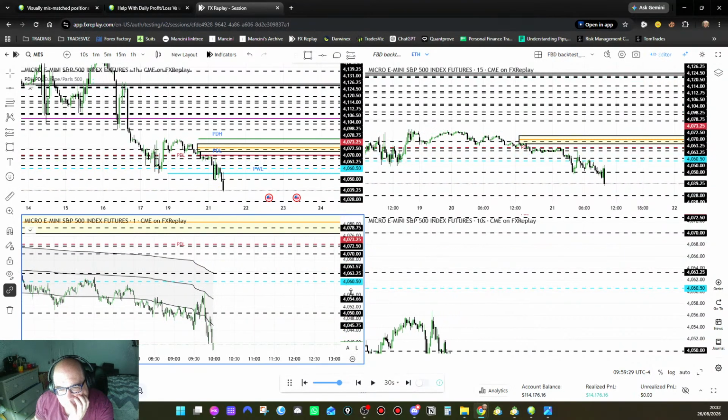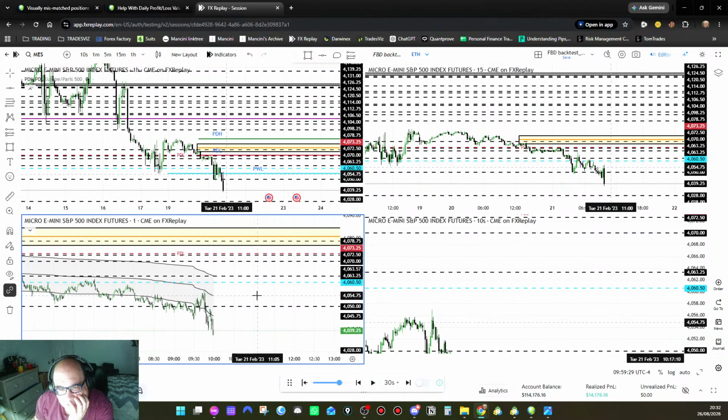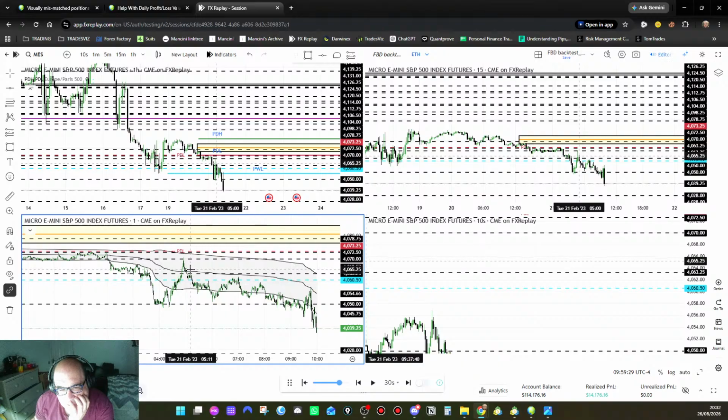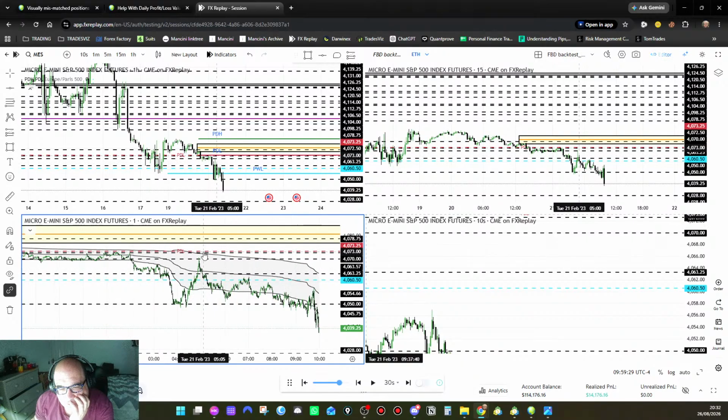Yeah, and we got taken out again. Basically, the only thing we did right here was to backtest this original level, the overnight, and nothing else.